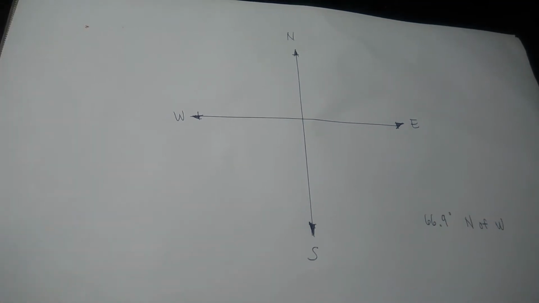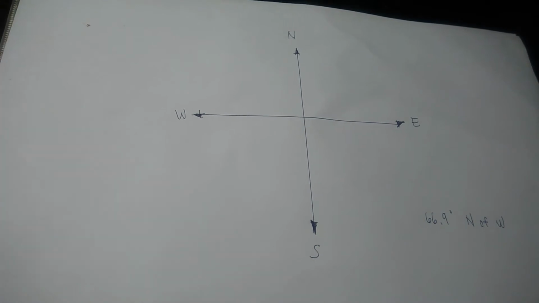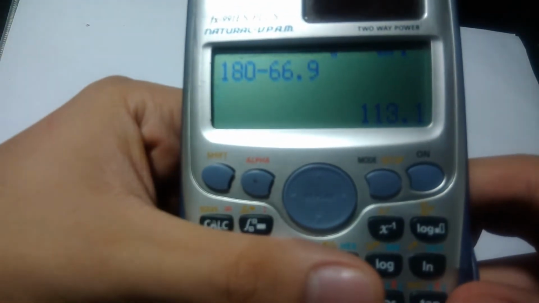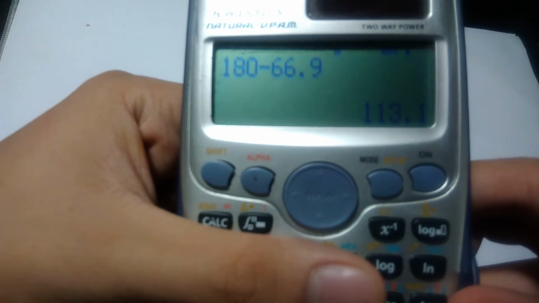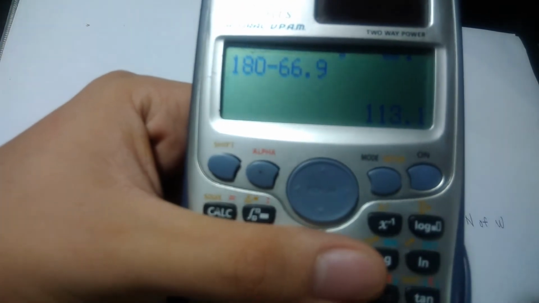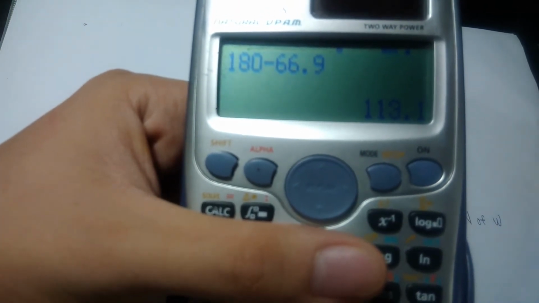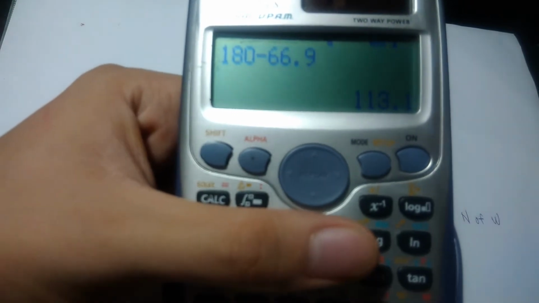So it is located in the second quadrant, and the second quadrant is 180 degrees. To solve this, it should be 180 minus 66.9. So the answer is 113.1. We're going to put our first theta there.